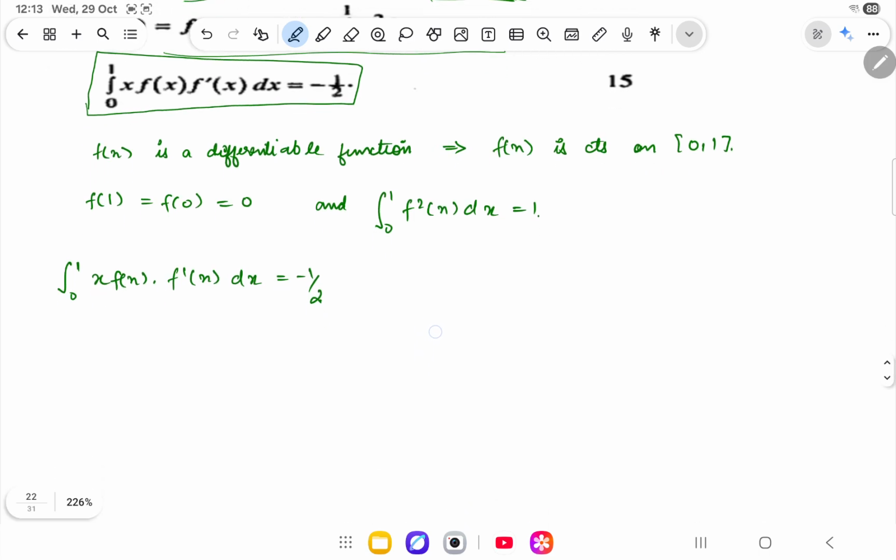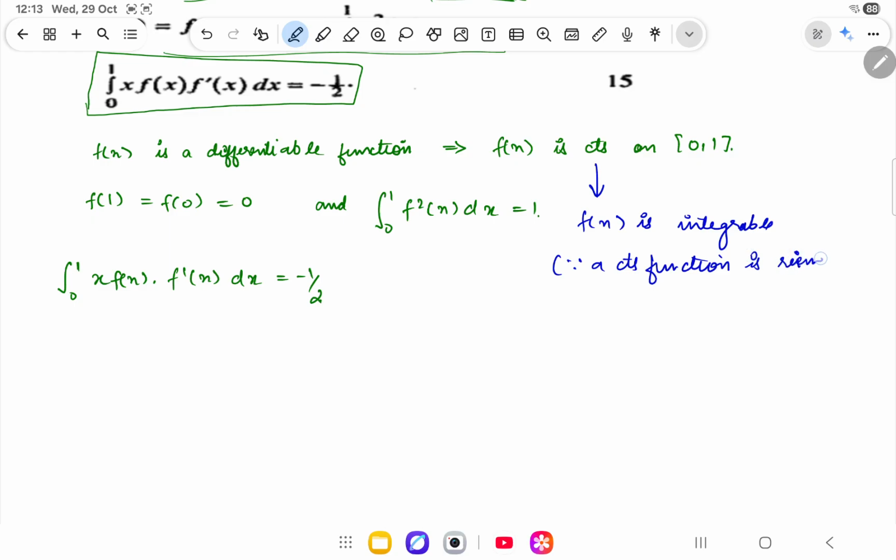Now if you observe, you can just apply integration by parts in this question, and we are able to integrate it because this function f(x) is continuous, and a continuous function is basically integrable. So from here we concluded that f(x) is integrable, because a continuous function is Riemann integrable.